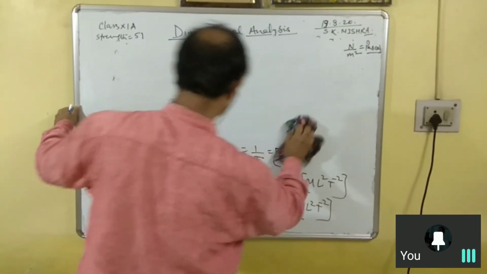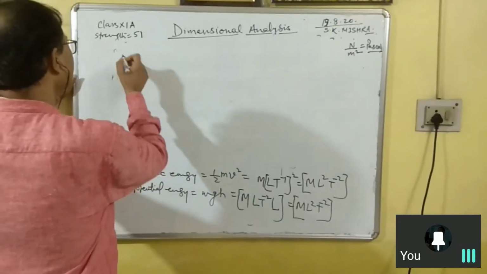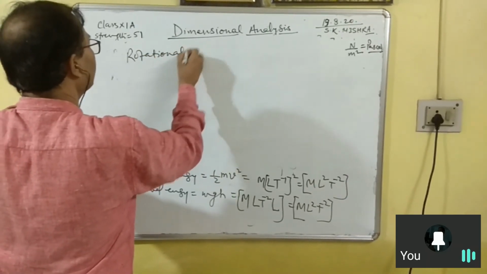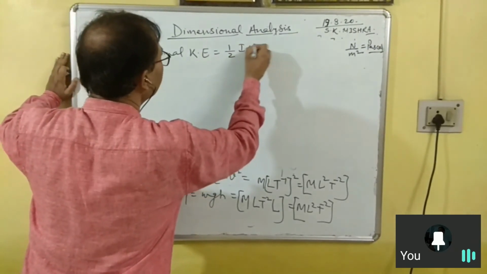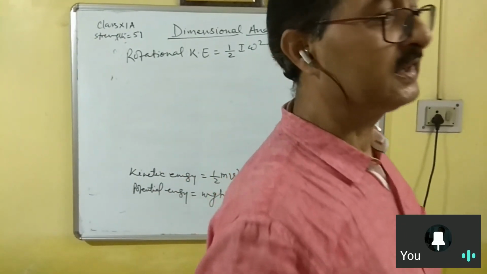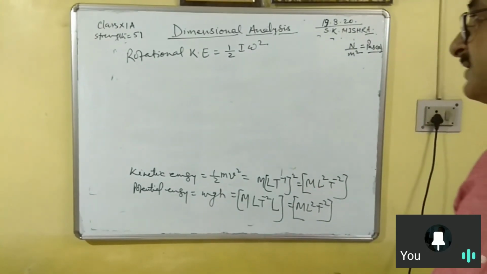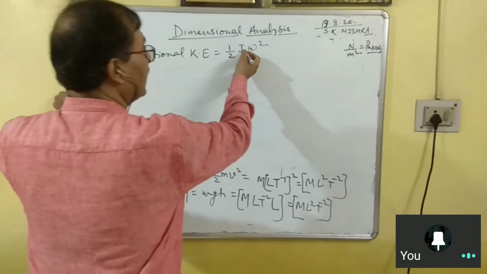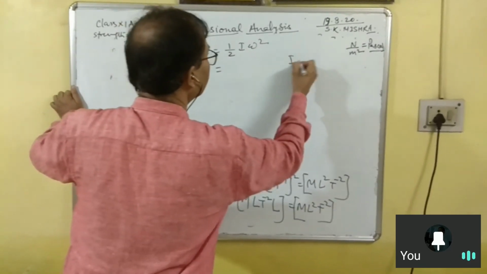Rotational kinetic energy is again energy, so it has the same dimension. The formula is half I omega squared. Remember, when a particle rotates about some axis, the energy possessed by the particle is called rotational kinetic energy, and is half I omega squared, where I is the moment of inertia, which we have written earlier.